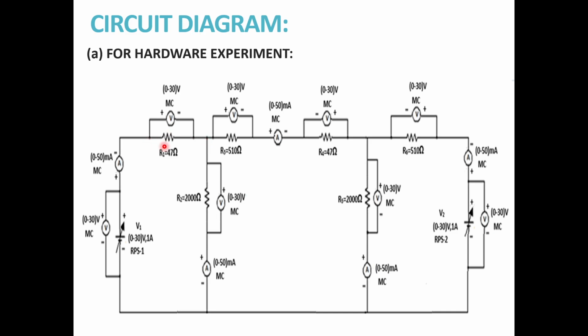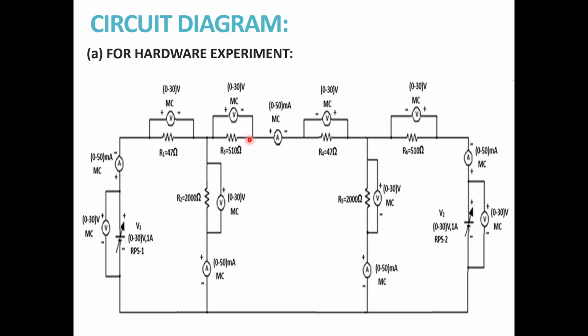Okay, and if you have a circuit board which has both 47, 510 and 2000, it is okay. If you don't have a circuit board, simply connect ammeter negative to 47, other terminal of 47 ohms connected to 2000, and one of the terminals of 510 connected to the 2000, positive terminal to 2000, negative terminal of 510.